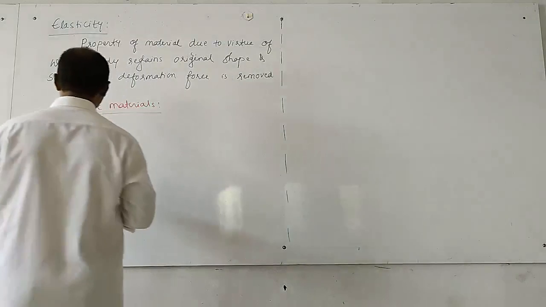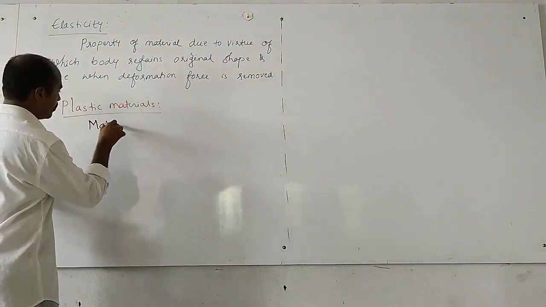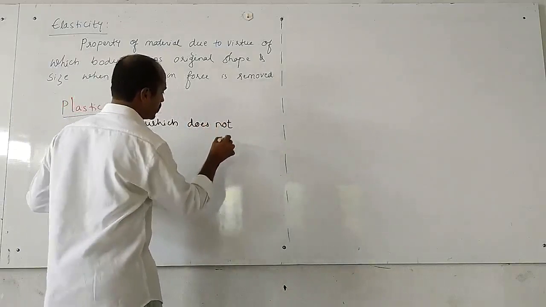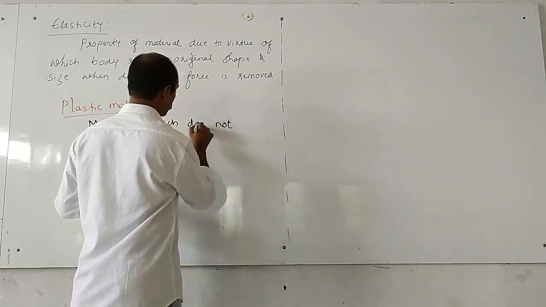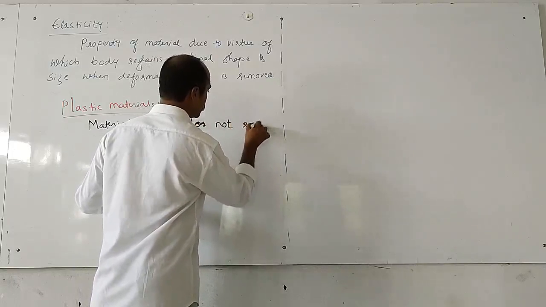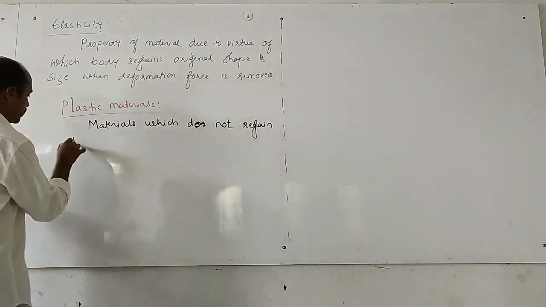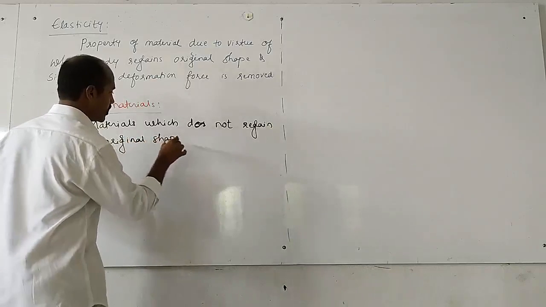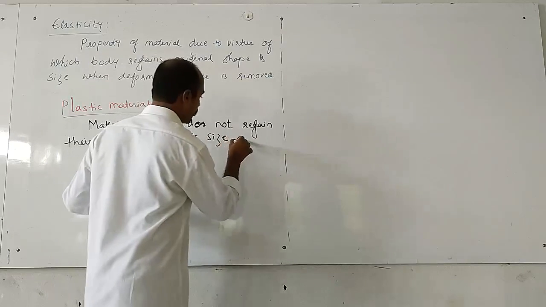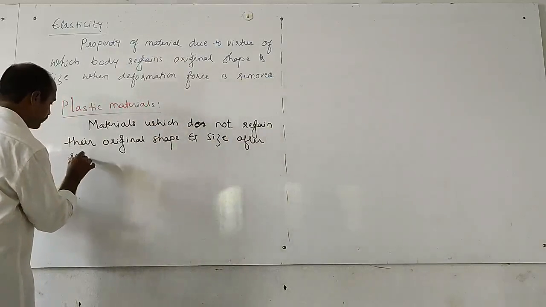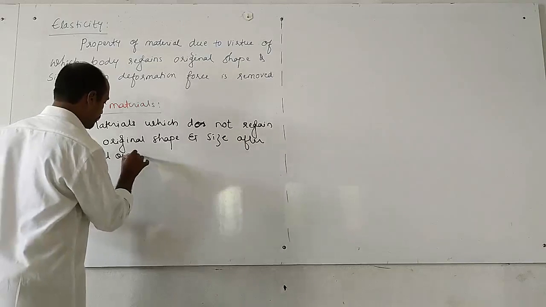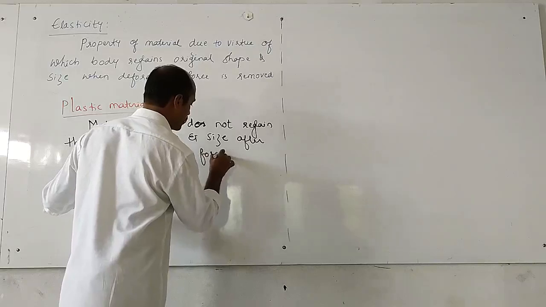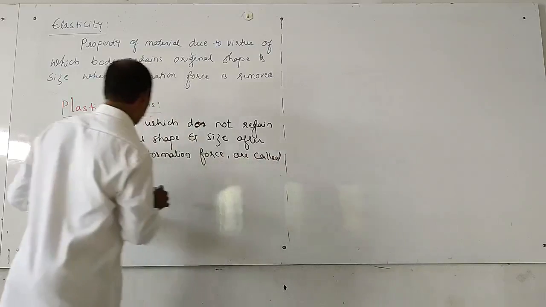Let me write the definition, very simple. Materials which do not regain their original shape and size after removal of deformation force are called plastic materials.